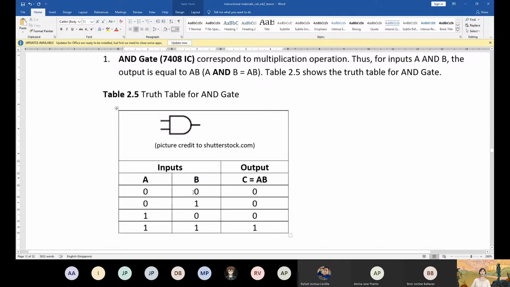So we have four possible combinations: 0 0, 0 1, 1 0, and 1 1. For A times B, any number multiplied by 0 is 0. So 0 times 0 is 0, 0 times 1 is 0, and 1 times 0 is also 0, but 1 times 1 is 1.